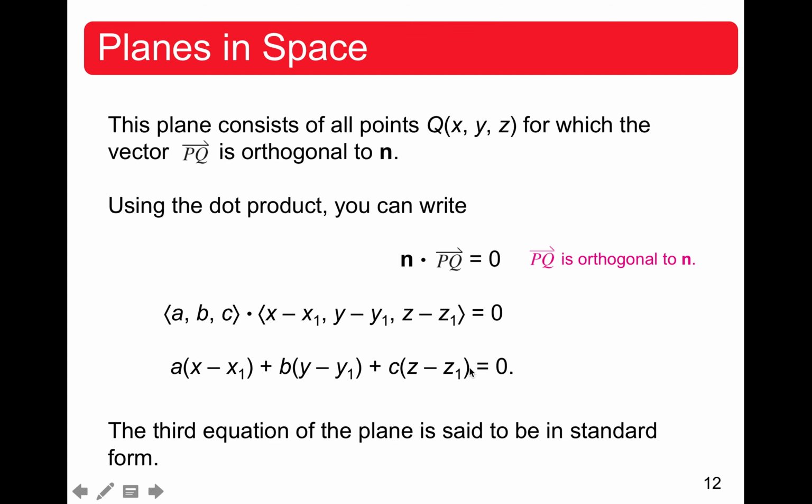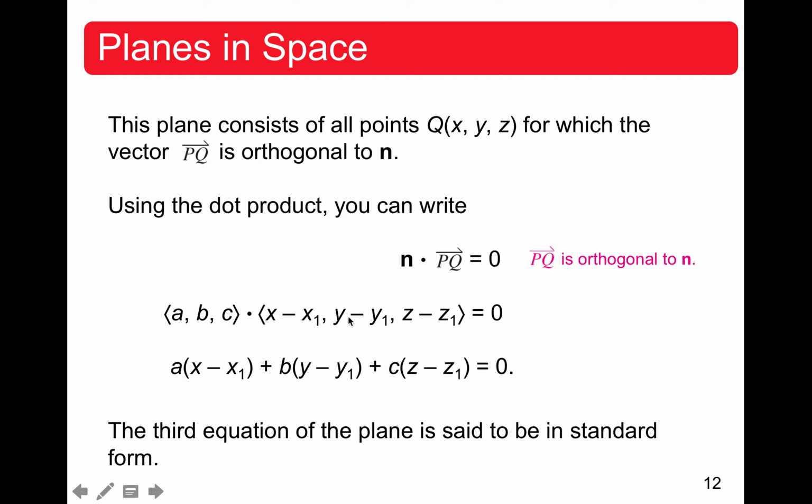So the plane consists of all the points Q, which is x, y, z, for which the vector PQ is orthogonal to n. So we can use the dot product. So we can take the dot product of n and vector PQ. And remember, orthogonal means 90-degree angle. So this right here is our direction numbers, okay?